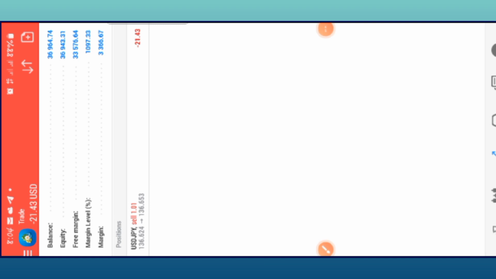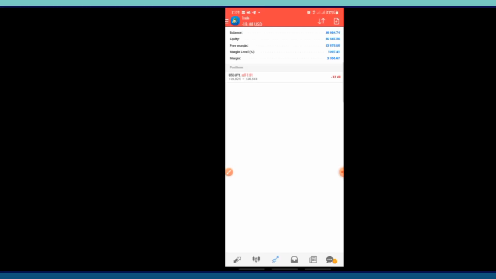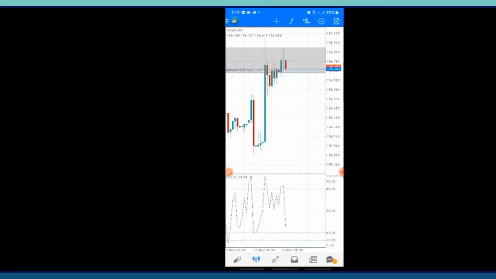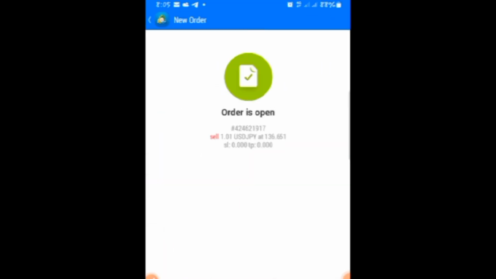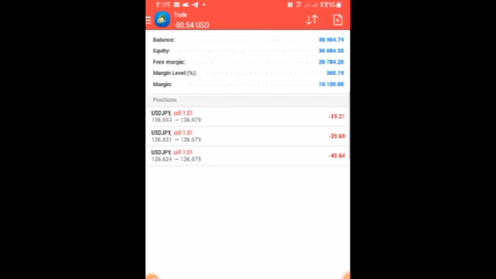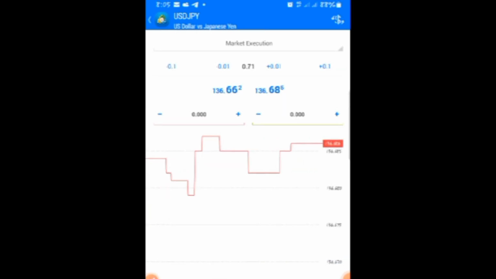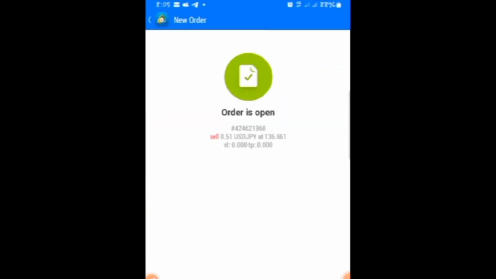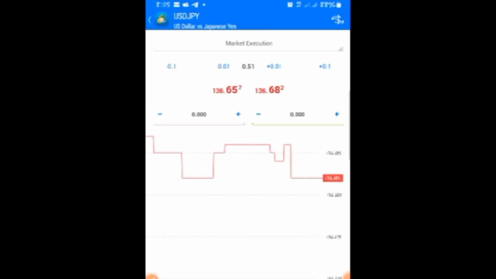I will also make multiple entries. Now, alright, you can see I just made my second entry, my third entry, and let me reduce my lot size to be on the safe side.